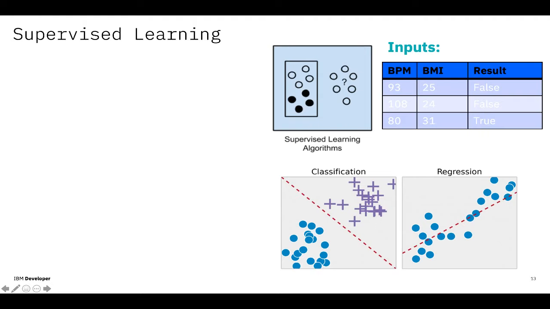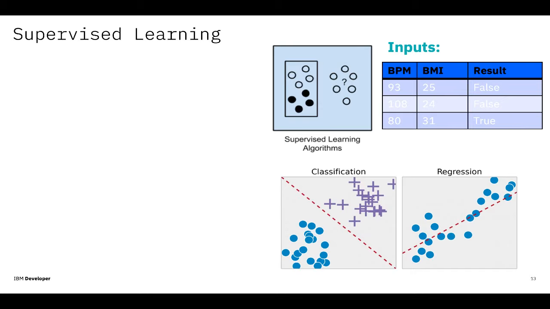It identifies two unique classes, such as the difference between these circles and these plus signs, versus this is a line. So the example I gave earlier about heart failure was an example of classification, where the classes would be either heart failure or a healthy heart.